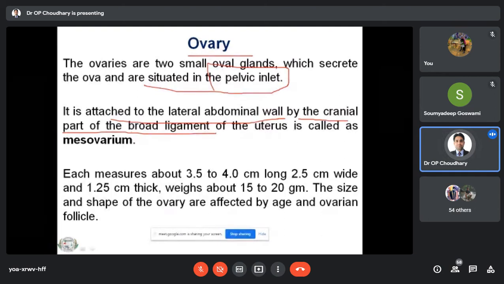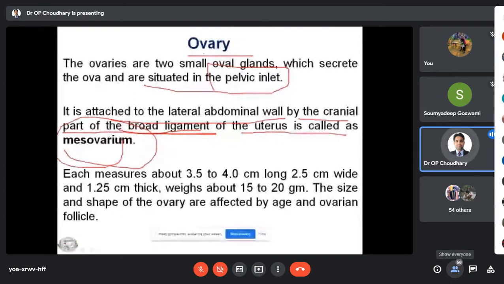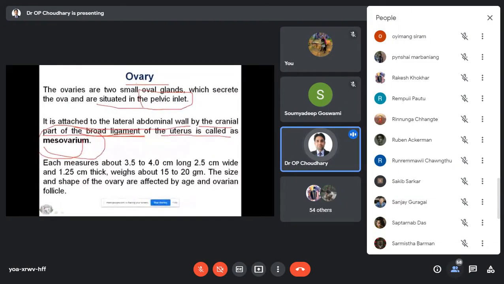I already told you, this part of the broad ligament is called mesoovarium. This is very, very important. The ovary remains in its position by attaching itself to the lateral abdominal wall by the cranial part of the broad ligament that is called mesoovarium.